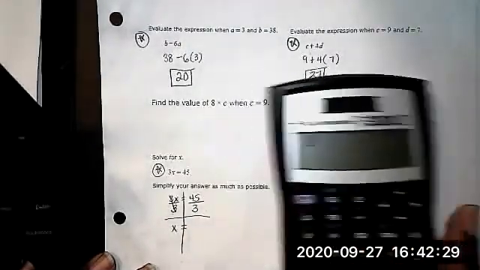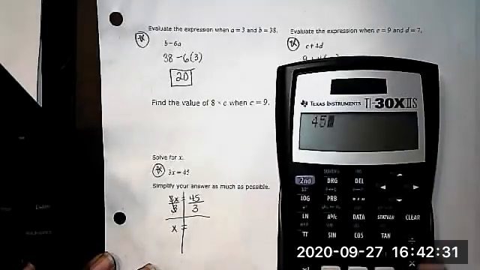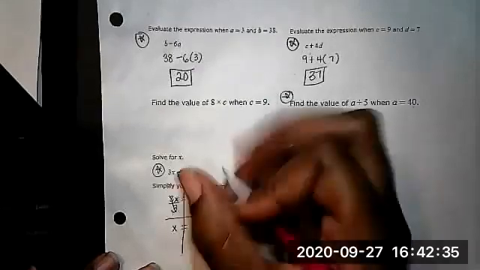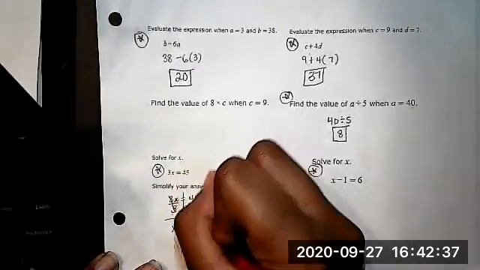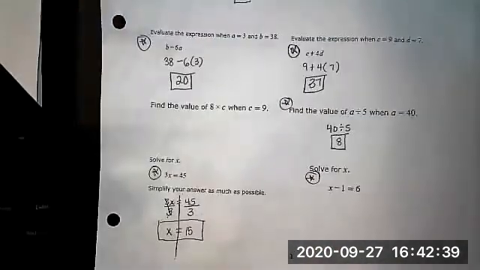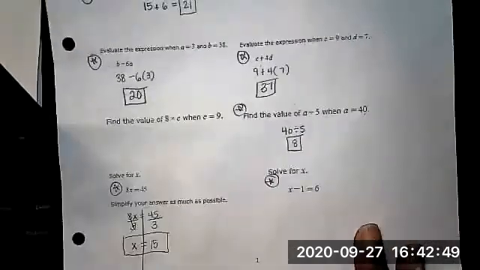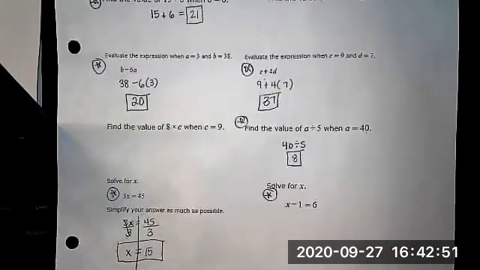If you don't know that off the top of your head, go ahead and put it in your calculator. And your answer is 15. Don't feel ashamed to use your calculator. Use your calculator as much as you want, or if you can use it as a tool to help you, please let it help you. I don't care if you do 3 times 7, as long as you get the correct answer and you can use the tool, please let it help you.